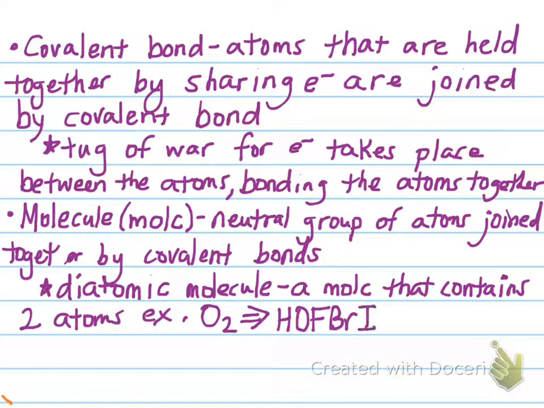And you'll notice in the banner in our Google Classroom and in my actual classroom, there are some posters around that say Hofbrinkel on them. This is because all of these 7 elements exist as diatomic molecules. So hydrogen, oxygen, fluorine, bromine, iodine, nitrogen, and chlorine always exist, if they're all by themselves, as a diatomic molecule. So it would be appropriate to write any of these with that subscript 2 like we've written oxygen.